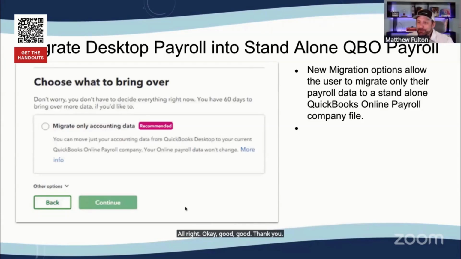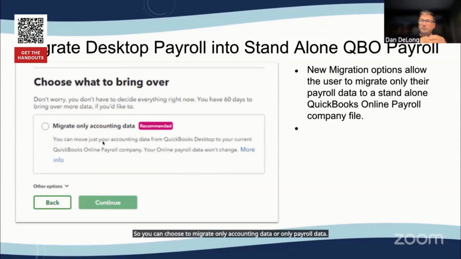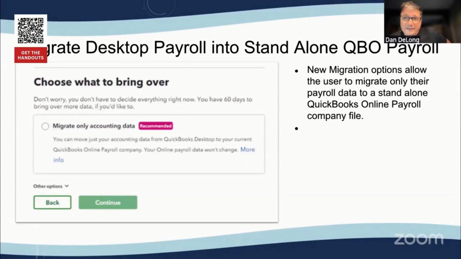I noticed this the last time I did a desktop migration: now you're going to have some choices of what you want to bring over. You can choose to migrate only accounting data or only payroll data, or you've got your lists and balances as well as everything. So you can now start to get a little granular on the kind of data.